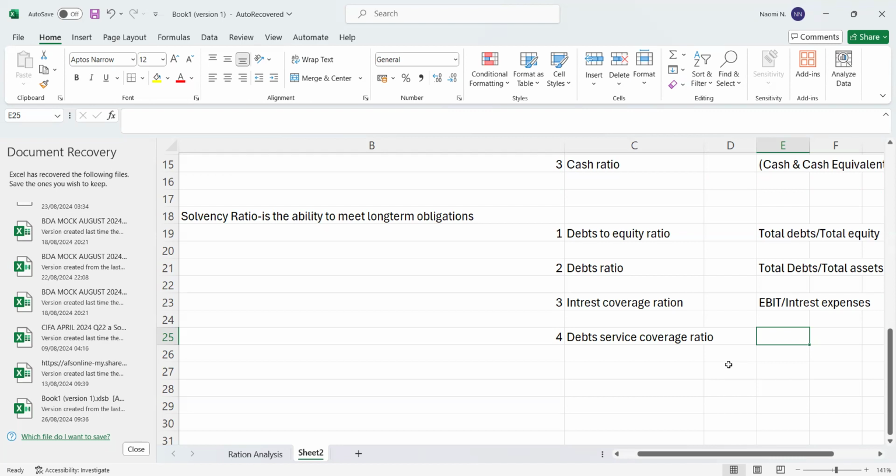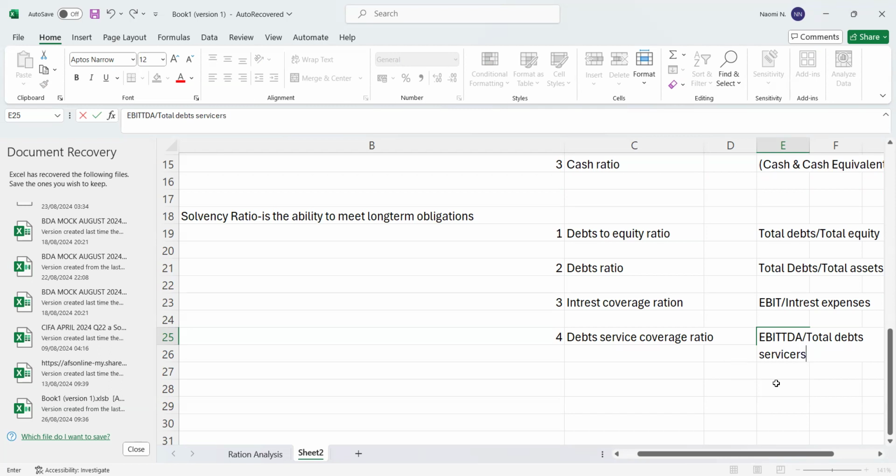So on this one, we will calculate it by using EBITDA divided by total debt service.